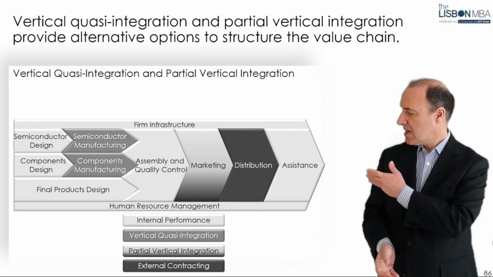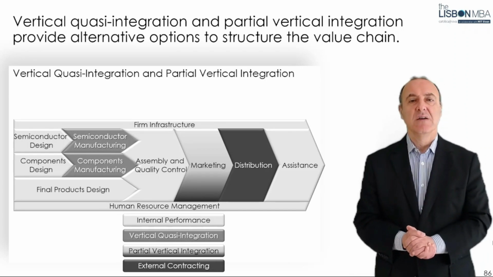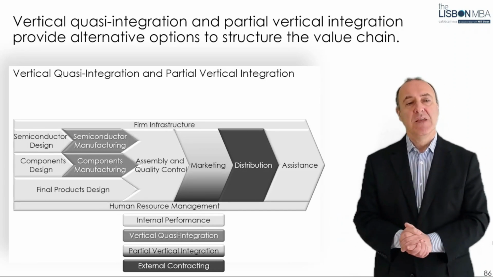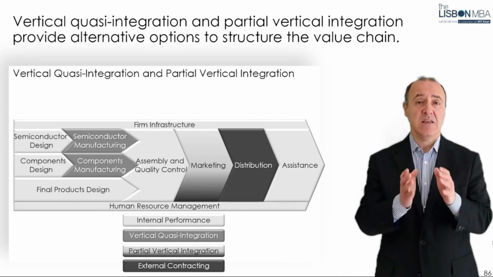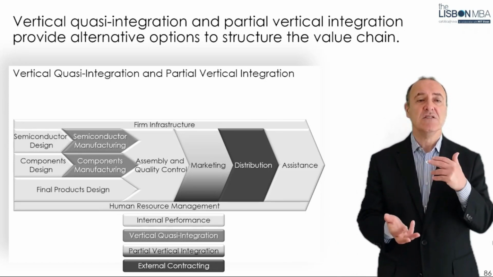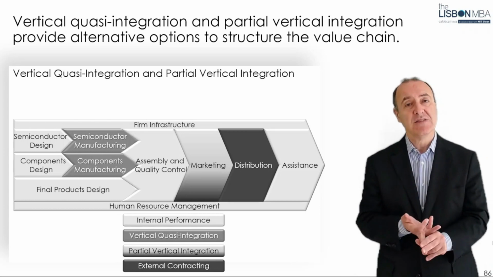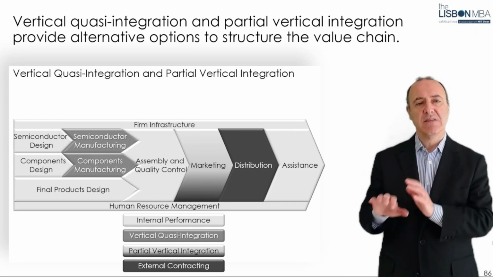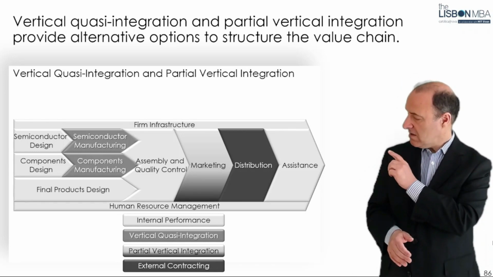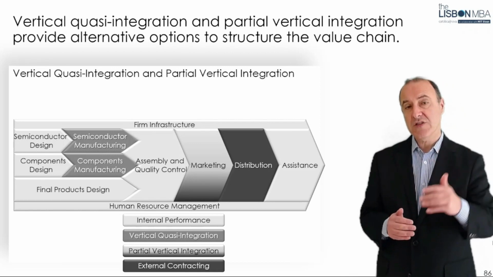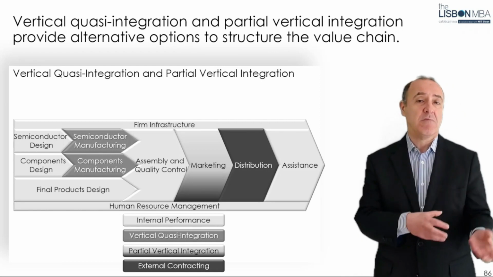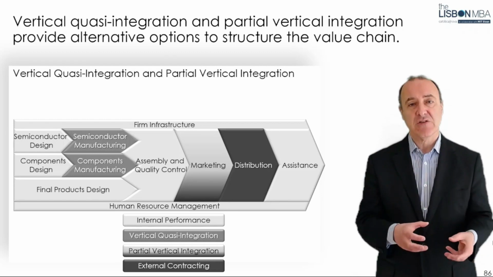This is from Casio, a Japanese company, and they design their own semiconductors, their own components, and their own product, but then they subcontract through vertical quasi-integration, so long-term partnership, the semiconductor manufacturing and the components manufacturing.